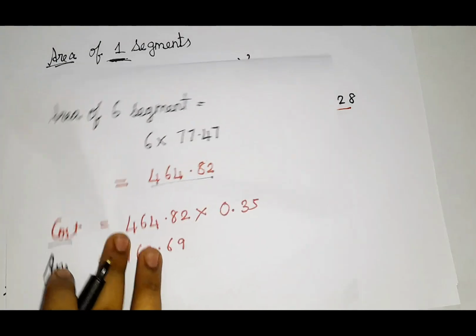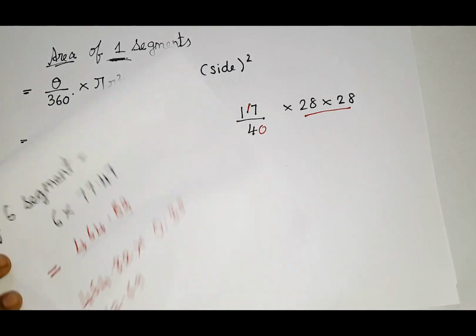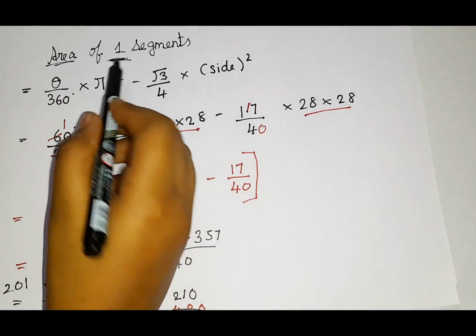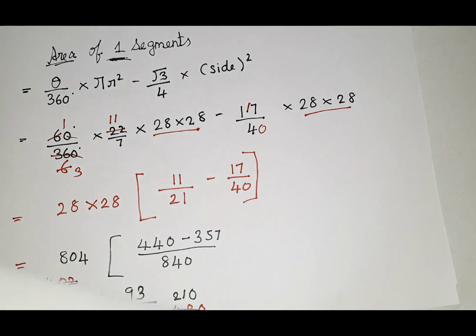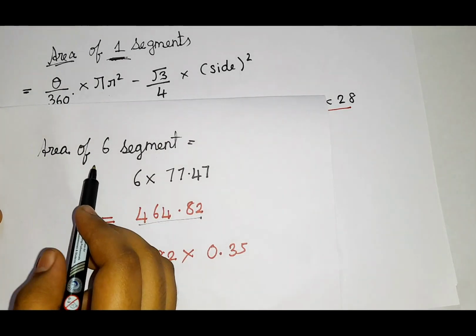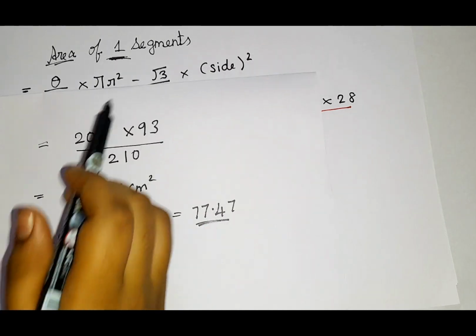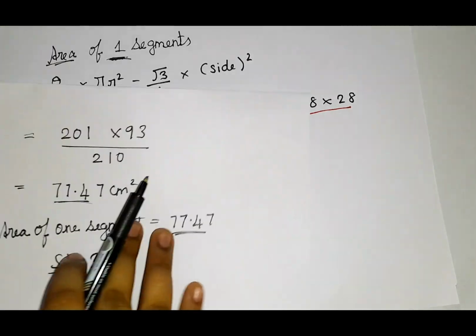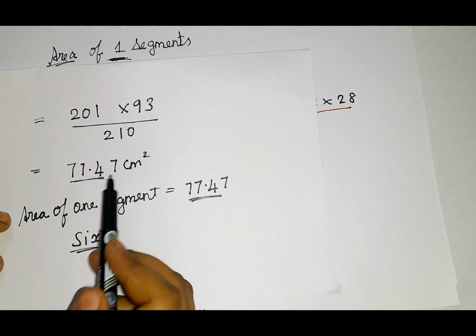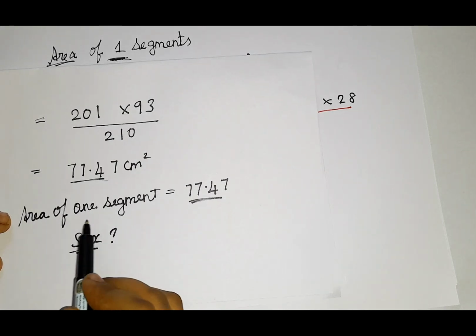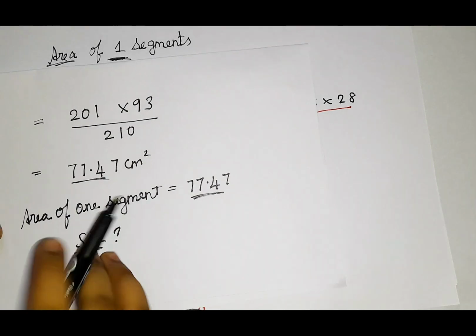So how did I find it? First of all, we found the area of one segment. But according to the question, we have 6 segments, so I multiplied with the value. After doing the sums, I got 77.47 centimeter square, which was the area of one segment. But what about 6?